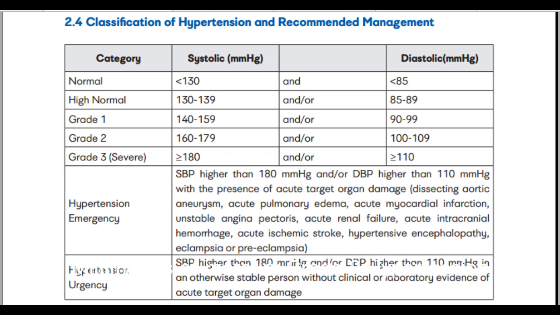Grade 2 hypertension is systolic blood pressure of 160 to 179 millimeters of mercury and or diastolic blood pressure of 100 to 109 millimeters of mercury. Grade 3 severe hypertension is systolic blood pressure of greater than or equal to 180 millimeters of mercury and or diastolic blood pressure of greater than or equal to 110 millimeters of mercury.